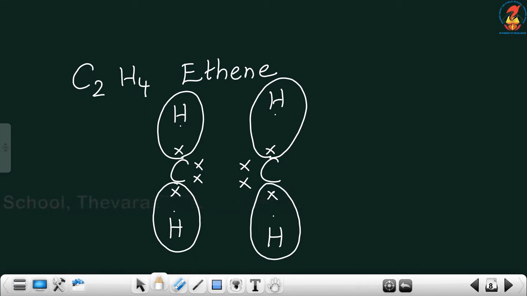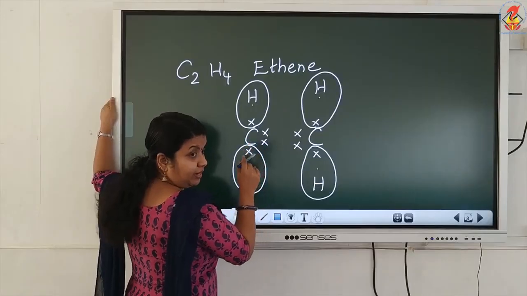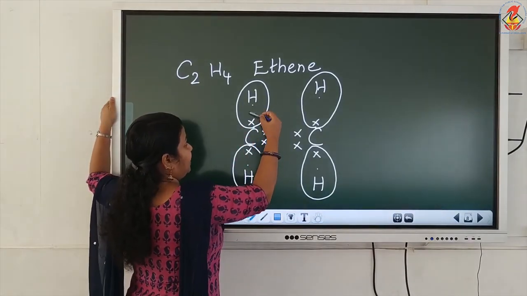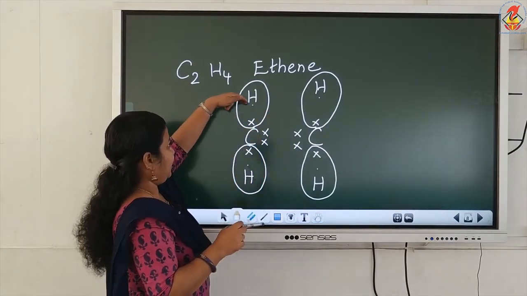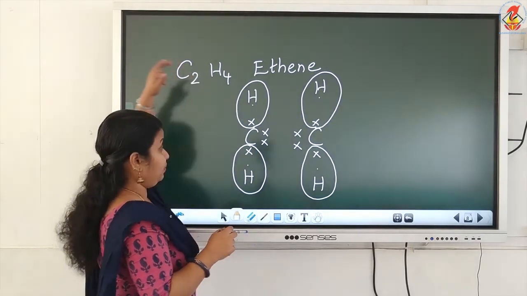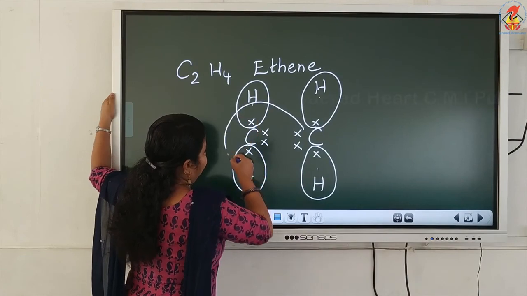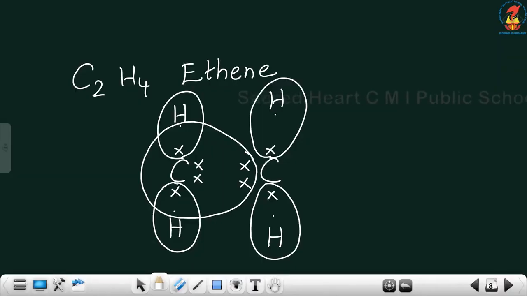Now take the first carbon atom. It has its own 4 electrons. The hydrogens which are connected to it have 2 electrons, 1 plus 1, 2. So the total number is 6. It needs 2 more electrons, which it takes from the second carbon atom, making the total number of electrons around the first carbon atom 8.